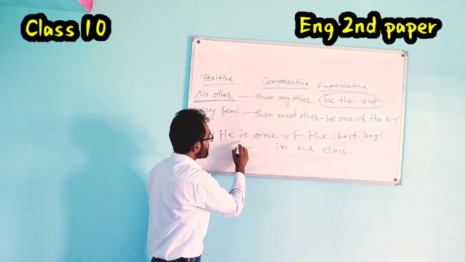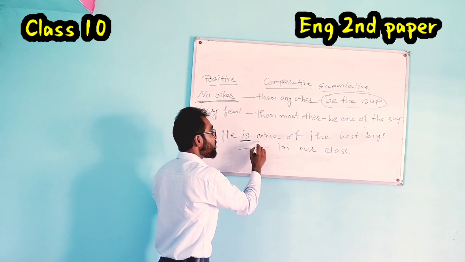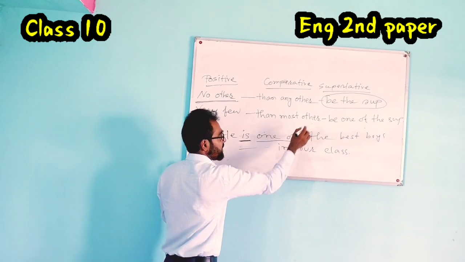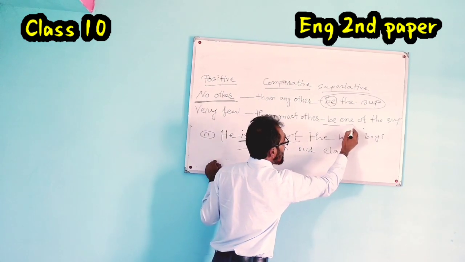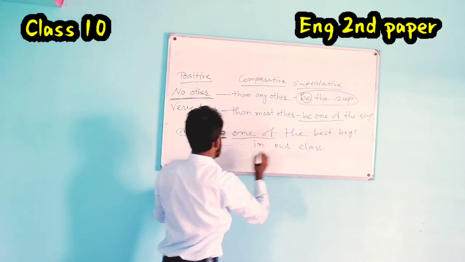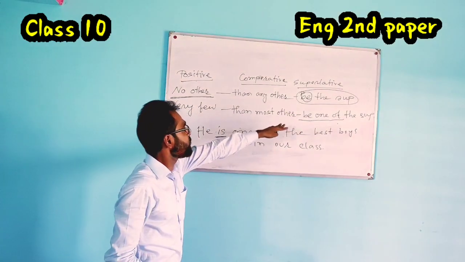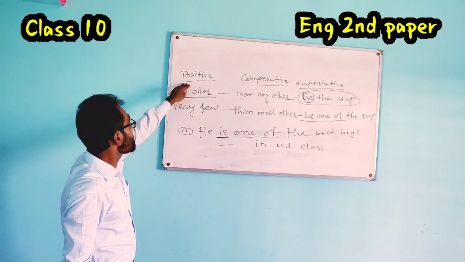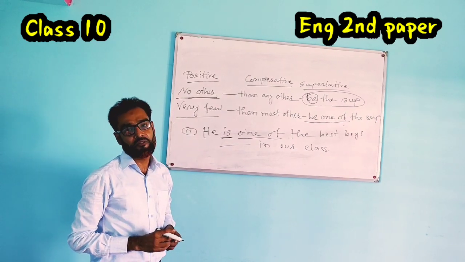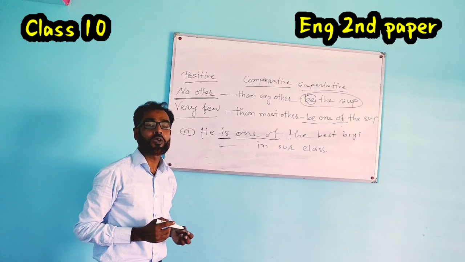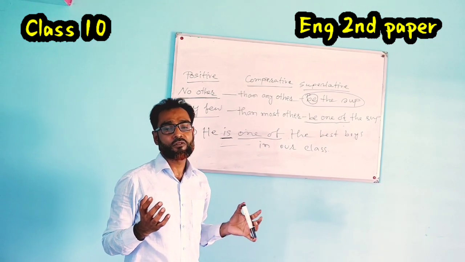Here not only be, there is also one of. Here only be, but here be one of. Then if we want to transform a superlative degree to positive, we have to use very few. I would like to show you some examples, then you will feel it is so easy.